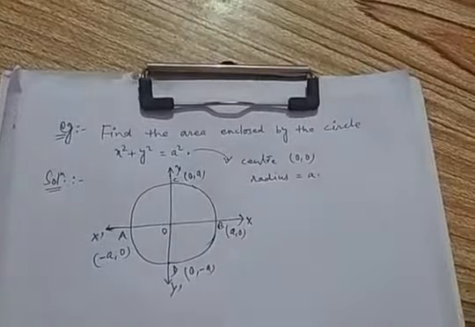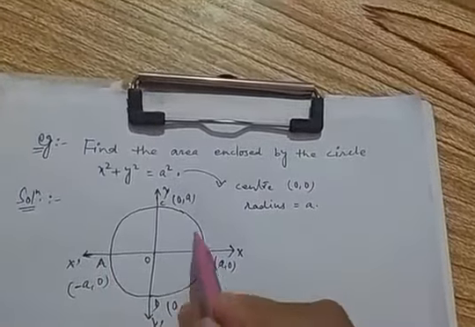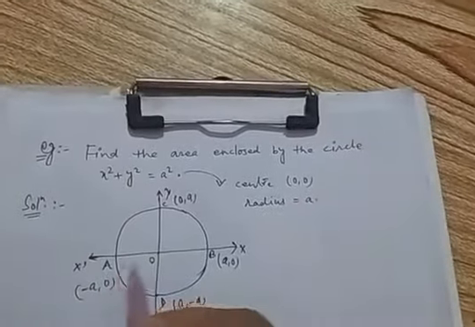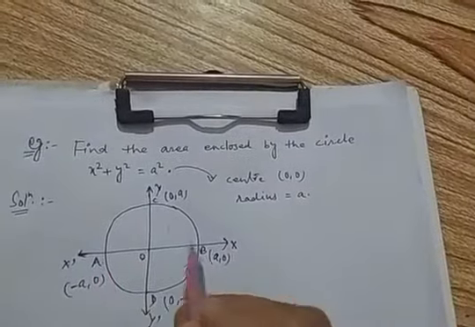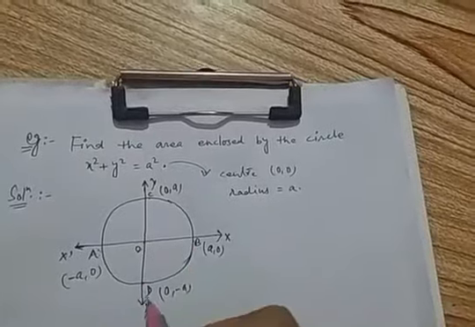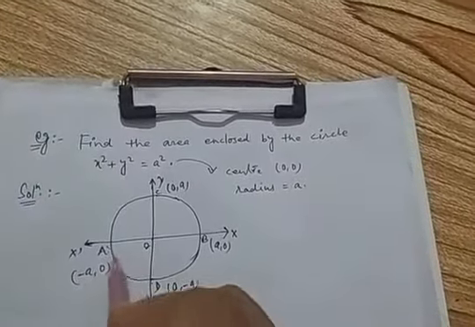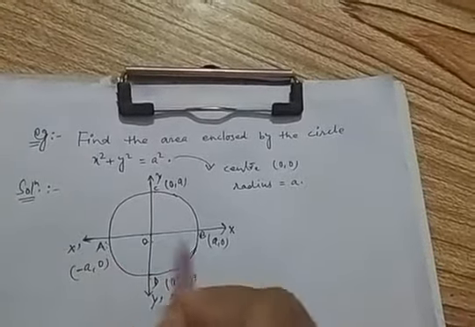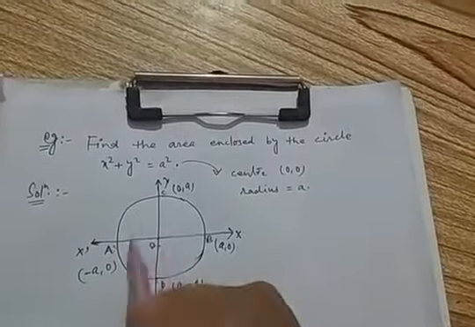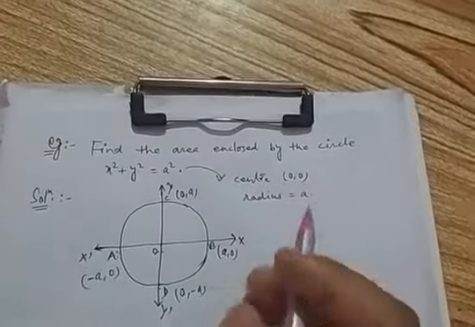Okay, so for finding the area enclosed by the circle, here students, the region AOBCA is symmetrical to the region AOBD. So if we find the area of the region AOBCA and multiply by 2, then we will get the area enclosed by the circle.